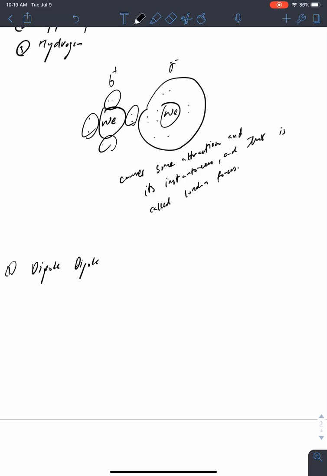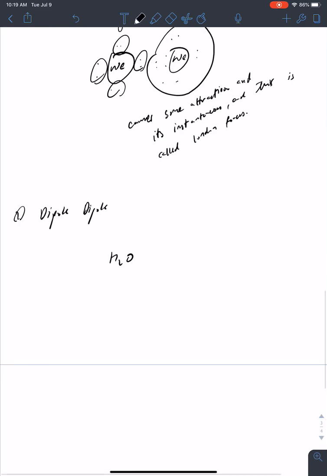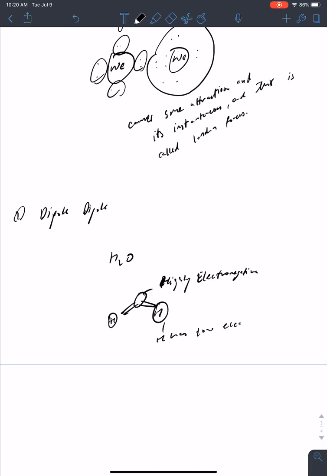So let's say for an example, like H2O, right? So H2O is also H, right? So what happens is that the O is very highly electronegative, and H has low electronegativity, right?